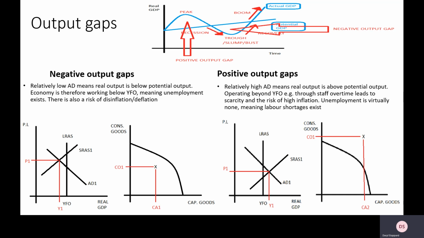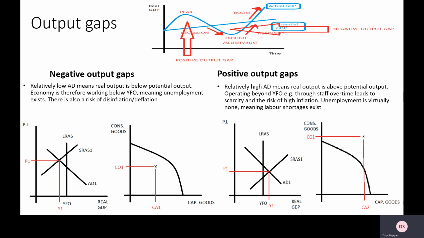If we show it using ADAS, we can simply see that Y1, P1 will be beyond the productive capacity of the LRAS curve. Now, what we're going to be looking at in the next video is how we tackle negative and positive output gaps. When you think about a negative output gap, we've got to raise AD, so make it move outwards to close off that negative output gap. That will mean on the PPF diagram, this cross, CO1, CA1, will move closer to the PPF curve.